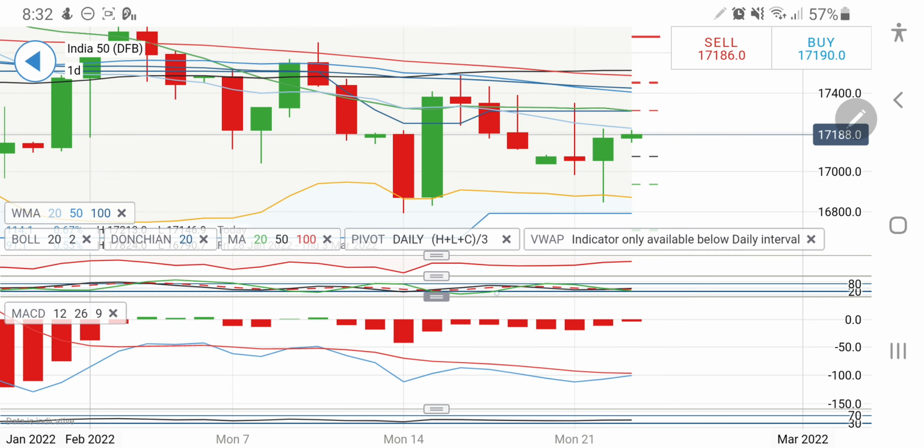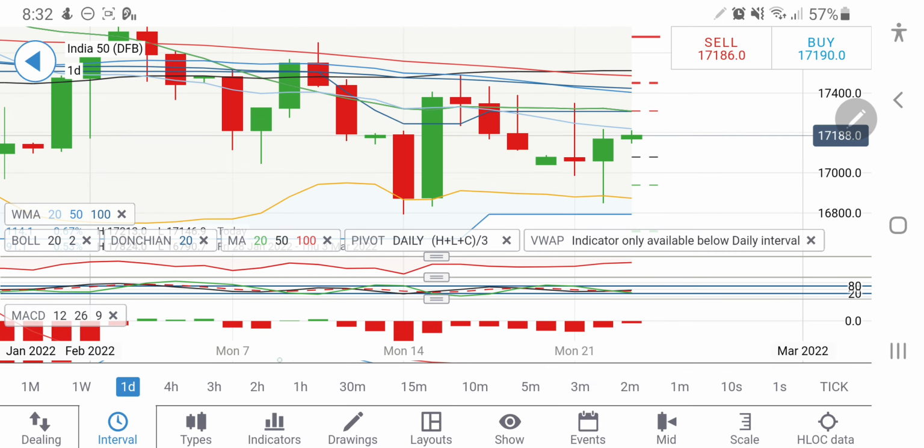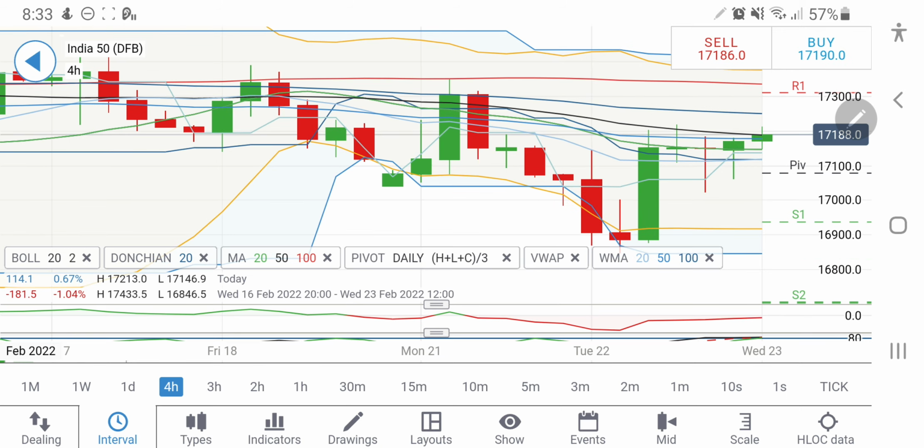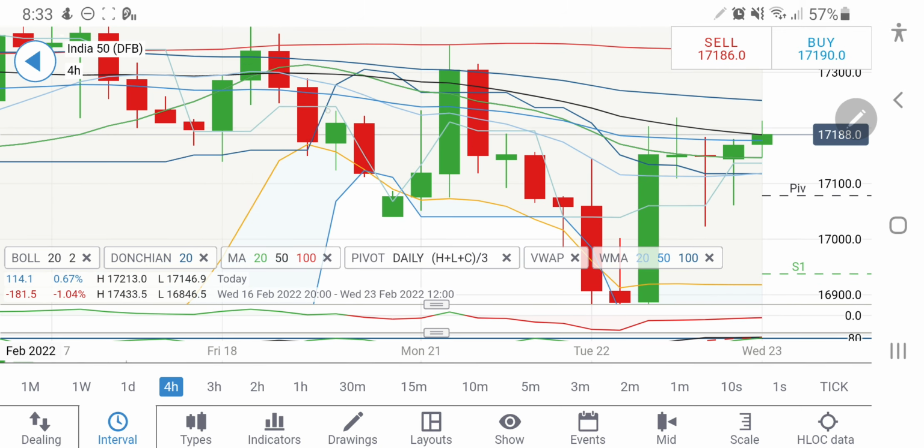The stochastic is comfortable on the daily charts, and MACD lines are trying to cross over in a buy zone. So now let's have a look at the 4-hour charts. On a 4-hour chart, this is possibly indicating a reversal here, and the next target is the 17,300 zone, higher highs, and possibly it may try to achieve higher highs and higher lows here.